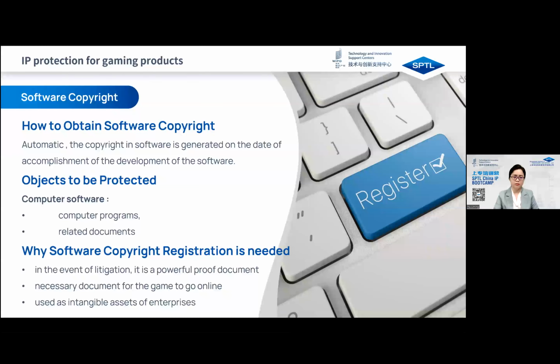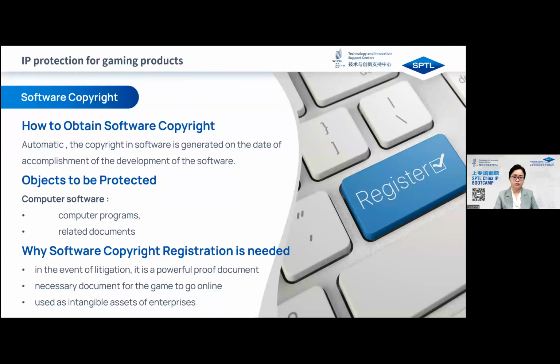As for game products, they are mainly realized by computer software. So it can be said that game products belong to the work type of computer software and are of course protected by copyright law. And you may ask, after I finish writing codes of a game, how to obtain software copyright?